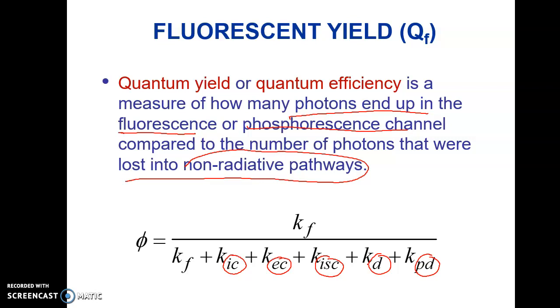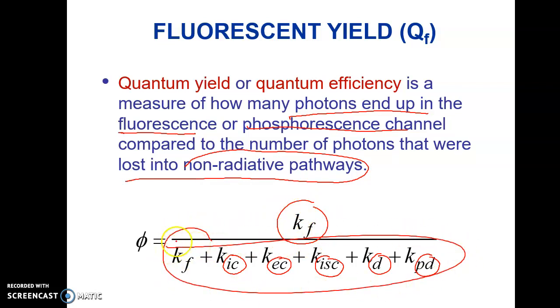For example, the structure, the solvent, the temperature, the pH. So we want to know how much of the fluorescence there is as compared to all these culprits. So this is the symbol. F is fluorescent, P is phosphorescent.